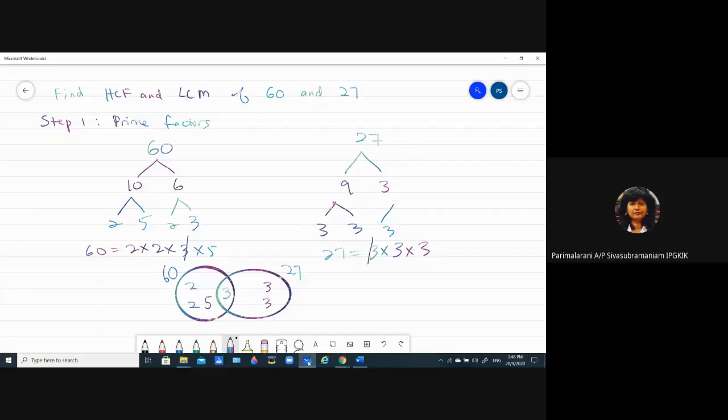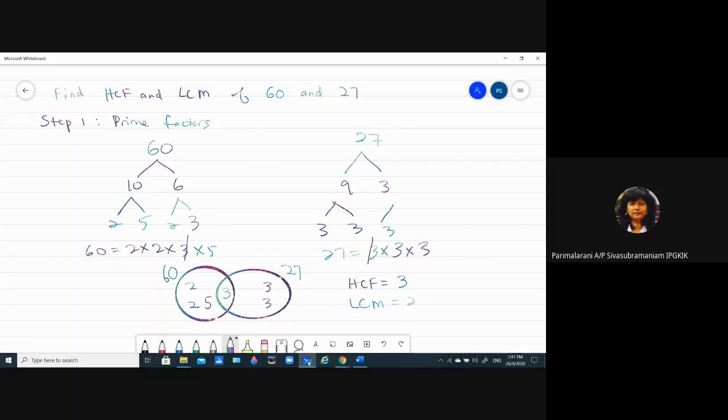Now to find HCF, we multiply all the numbers in the intersection. For this example, we only have one number, so our HCF is 3. For LCM, we multiply all the numbers.